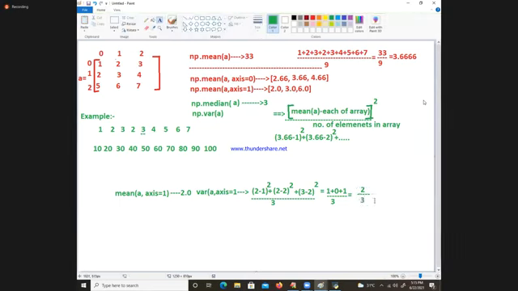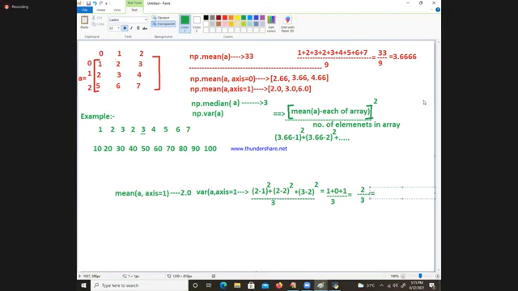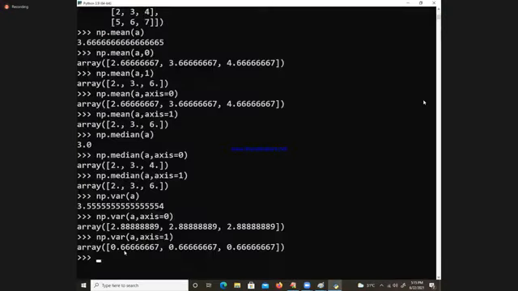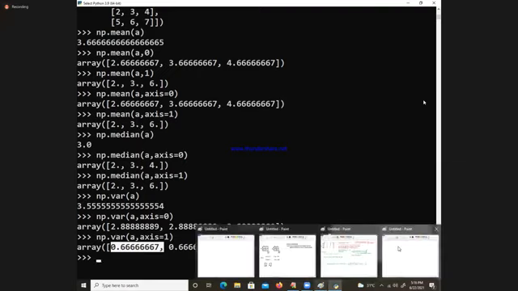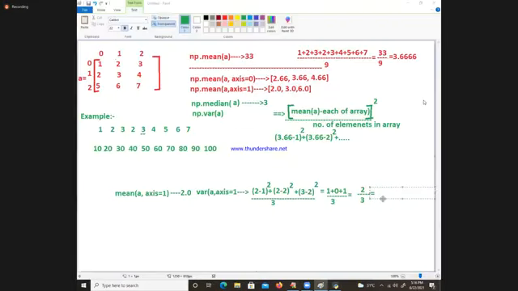What is the result? 0.66. Am I correct? Yes. So the first one is called 0.66.